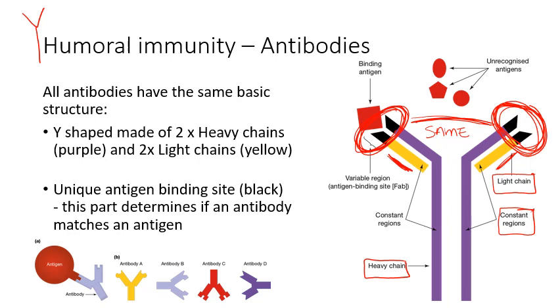If you want to see some other visual representations of some antibodies, there's a couple on the bottom of the screen here. Okay, so you can see that, again, the basic structure of the antibody, so what would be the heavy chain and the light chain making up the majority of the Y, is consistent across all of those antibodies, antibody A, B, C, and D. But as you get to the tip of the Y, at the two arms, you can see that they are different shapes.